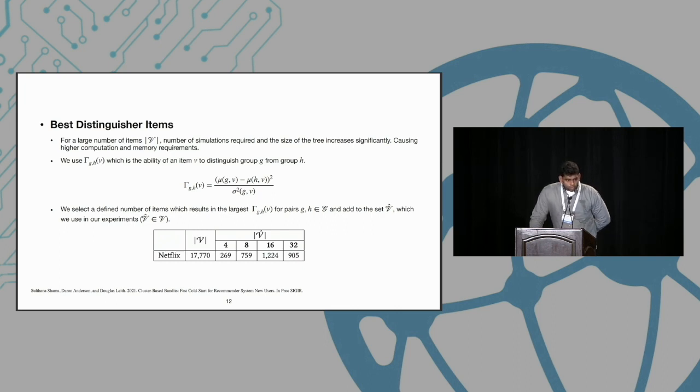So we use the idea of best distinguisher items, where we try to find items which can differentiate between two groups. By using this on different pairs of groups, we minimize the number of items used in our experiment, such that we can efficiently use the Monte Carlo tree, overcoming memory and computation limitations.